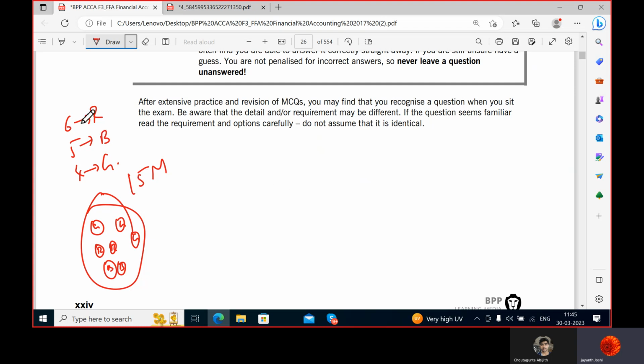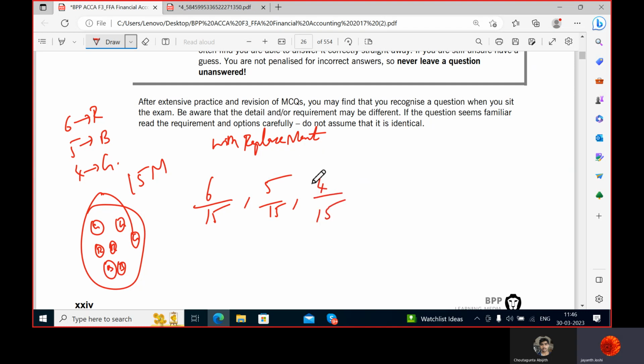Suppose I ask you the probability of drawing a red ball from this box. It will be 6 out of 15. After drawing the ball, you keep the ball in the box itself, and you still have 15 balls. So blue balls will be 5 by 15 and green balls will be 4 by 15.